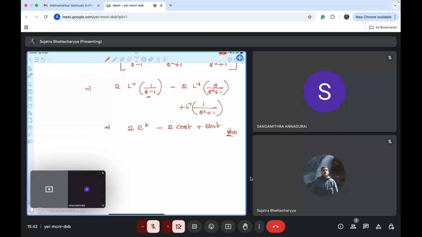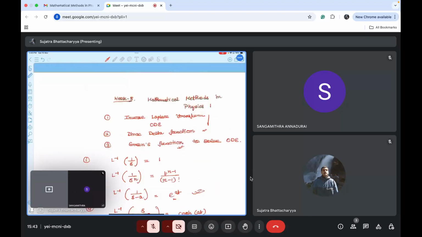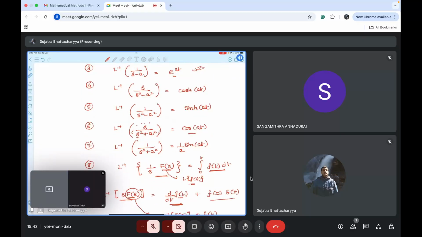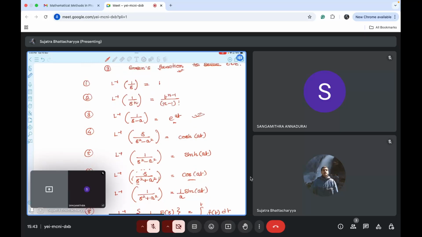So the basic thing which I think, when you do the Laplace transform and inverse Laplace transform, is that you should know these properties. These 8 or 9 properties, whatever I have written, you should know. Based on this, whatever question comes, you try to reduce it into those forms.